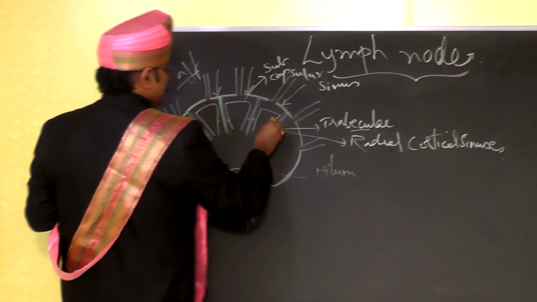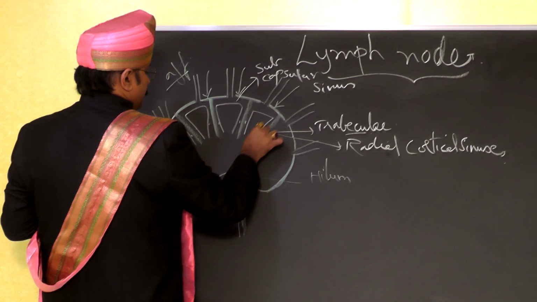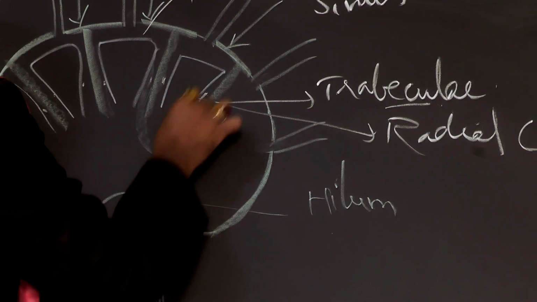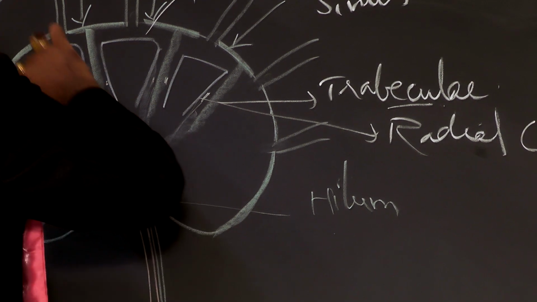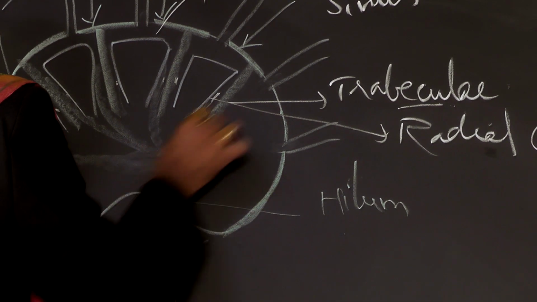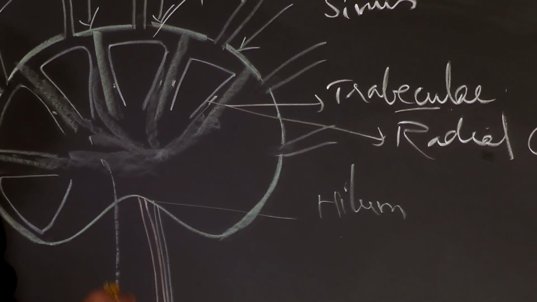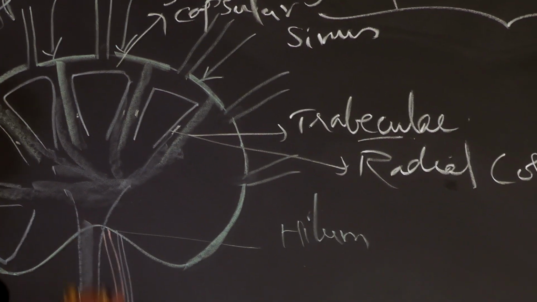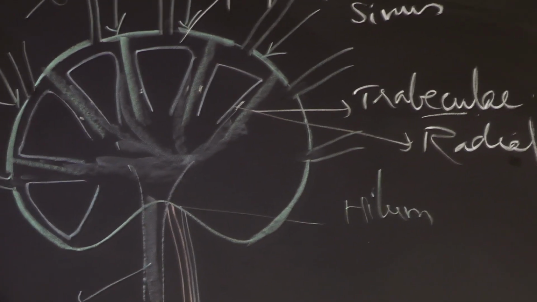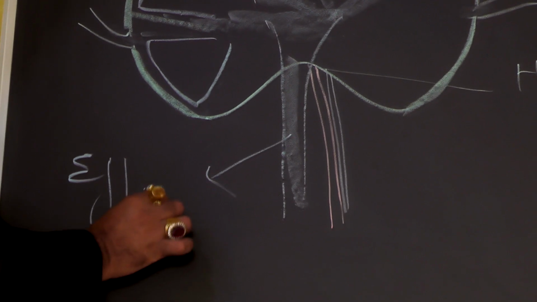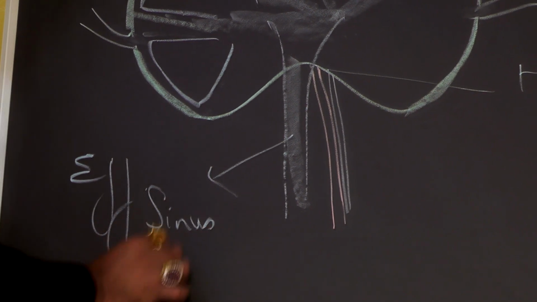And these sinuses, if you observe these spaces, are uniting in the region of the medulla. In the region of the medulla they are uniting to form one large efferent sinus, or the efferent lymphatic channel.